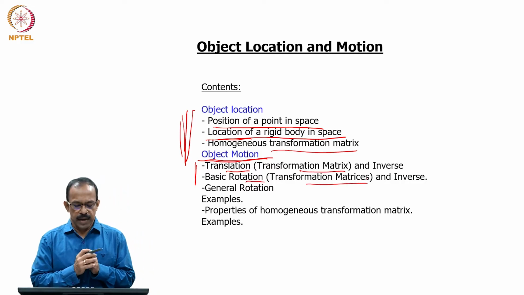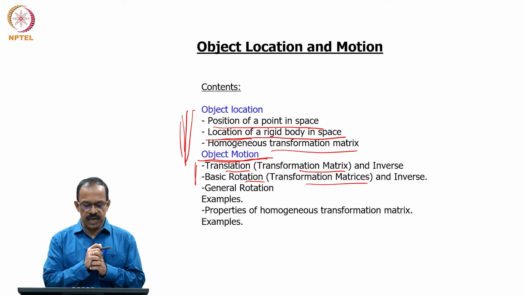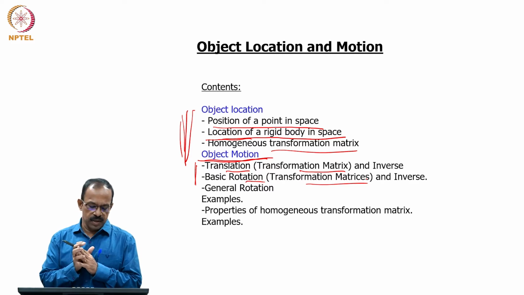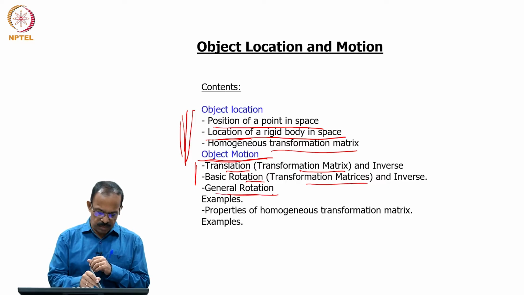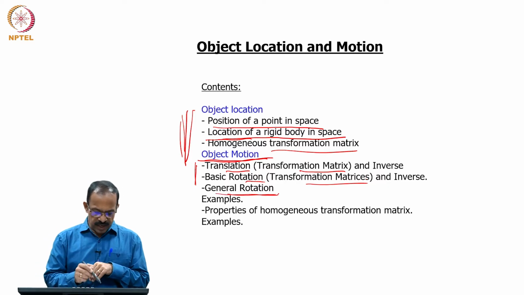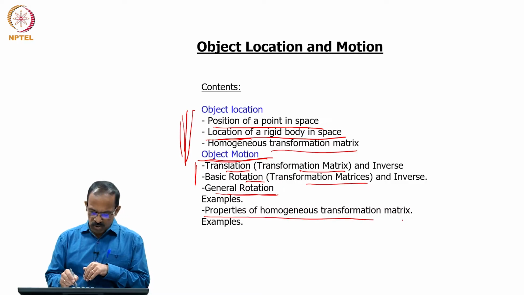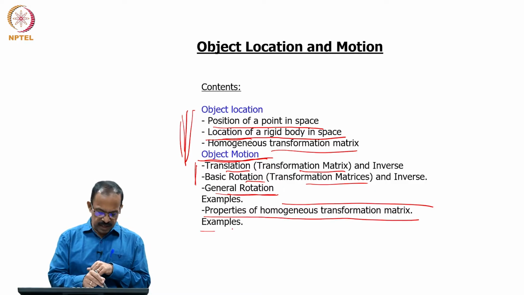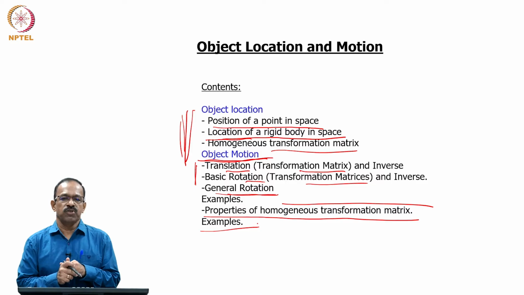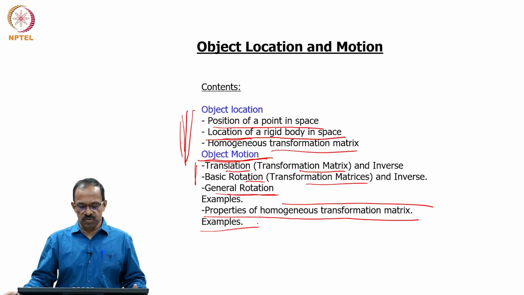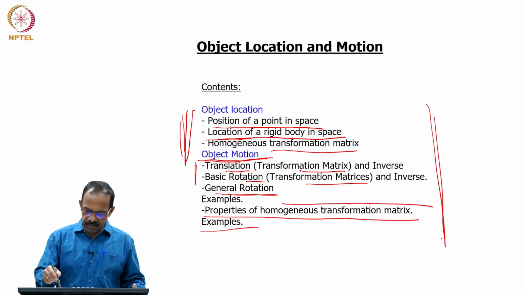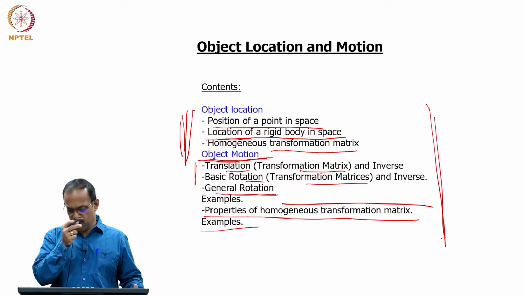That is basically the transformation matrices, the translation matrix and rotation matrix, and then we talk about the general rotation principle also. Finally, we will have a homogeneous transformation matrix, and then we take a few examples to explain how it can be used to represent the motion of an object in 3D space. That is what we are going to discuss in the first part of object location and motion.